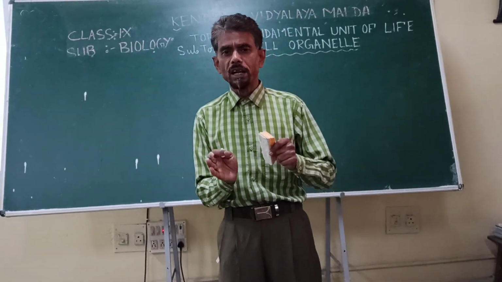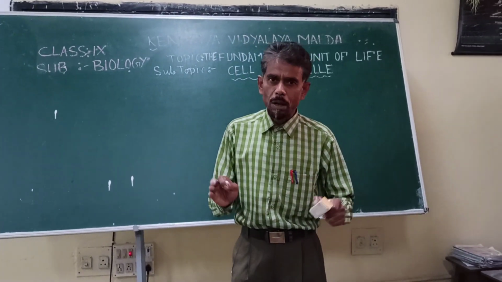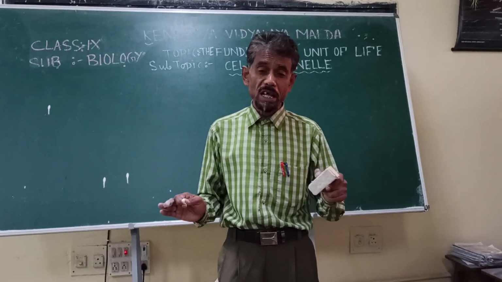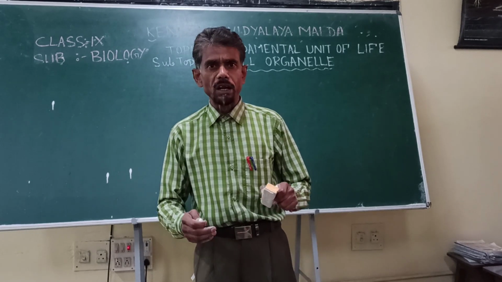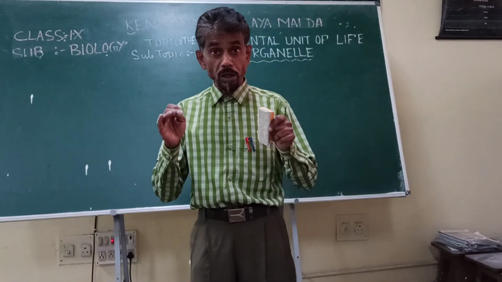So far I have told you the names, and we have discussed in detail the structural component of the nucleus. So today I shall be taking up another organelle, what you call Golgi apparatus or Golgi body.